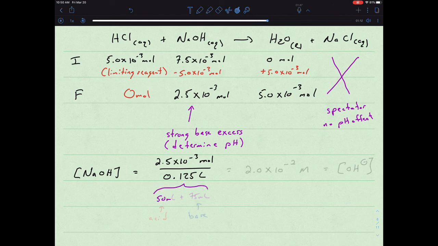This comes from the 50 milliliters we started with of the acid, plus now the 75 milliliters that we've added from the strong base titrant. And so that gives us a concentration of 2.0 times 10 to the negative second molar in sodium hydroxide, which is the same as our hydroxide concentration.